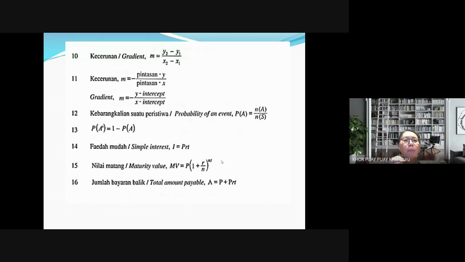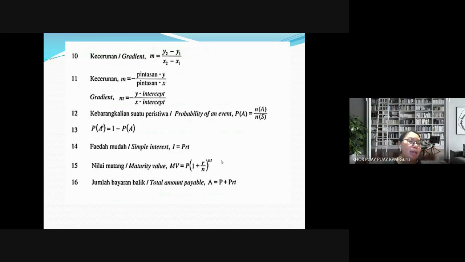Why? Because you keep your money for a certain period of time. Let's say, for example, for 1 month, 3 months, 6 months, and after the time is up, you may choose to withdraw, or you may choose to continue saving. If you continue saving, after that 3 months the bank is going to calculate or compound the interest for you and put it together with your money.